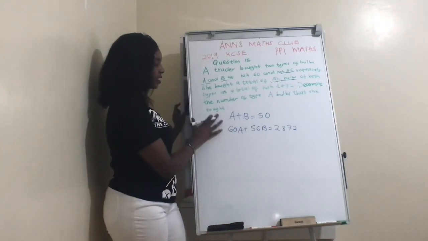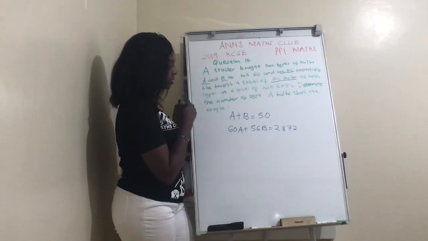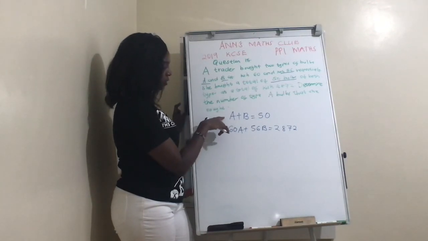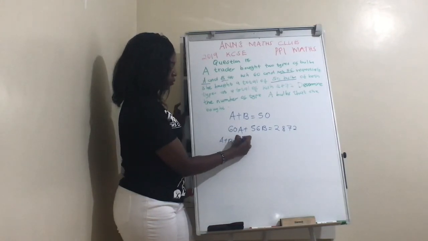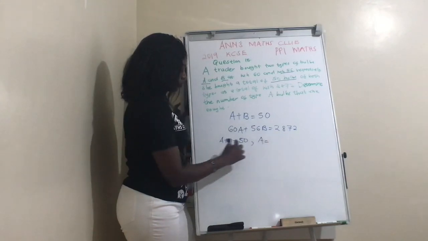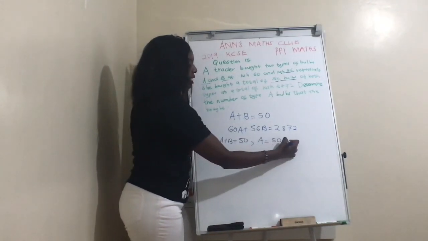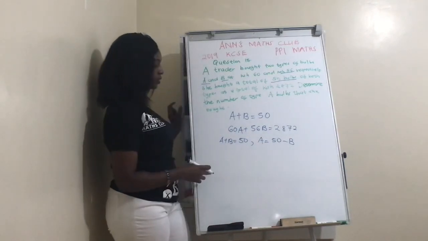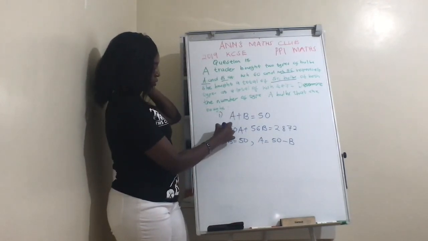So as you've defined it into two, now you can do it as a simultaneous equation, and you can use this part for A plus B is equal to 50. So you can say that A is equal to 50, take the B to the other side, minus B. So we have equation 1 and equation 2.